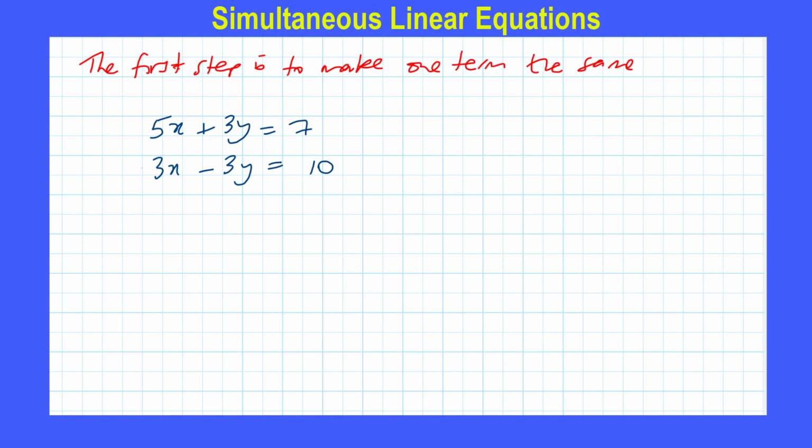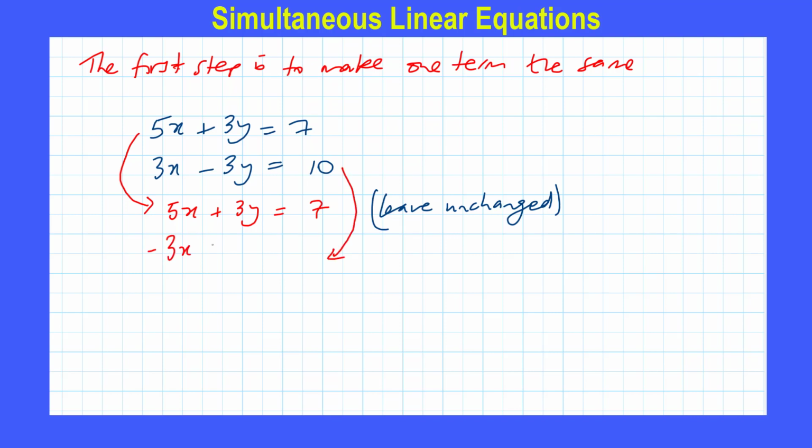So the trick here would be to turn the bottom one from a negative 3y into a positive 3y. So I'm going to leave the top equation unchanged, 5x plus 3y equals 7. That's no difference there. But for the second equation, if you multiply each term by negative 1, or just change the sign of everything, you end up with negative 3x plus 3y equals negative 10.